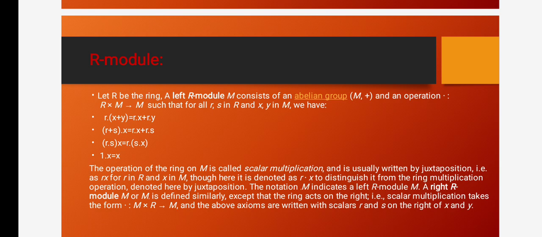Then (r plus s) dot x is equal to r dot x plus s dot x. (r times s) dot x equals r dot (s dot x). The next one, 1 dot x is equal to x.